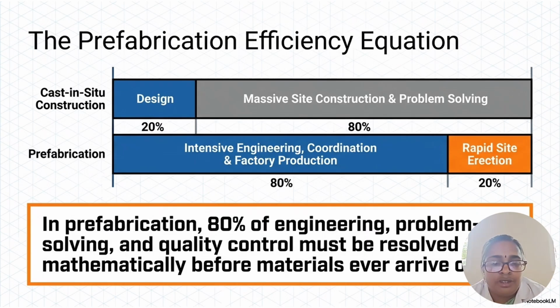So in prefabrication, 80 percent of engineering, problem solving, and quality control must be resolved mathematically before materials ever arrive at the plant. From this we can learn that in prefabrication, extensive prior work is essential while fabricating a component when compared to cast in situ construction.